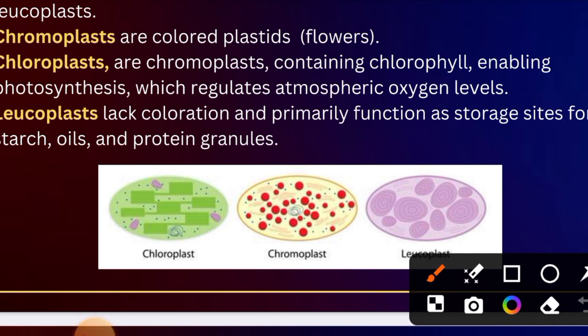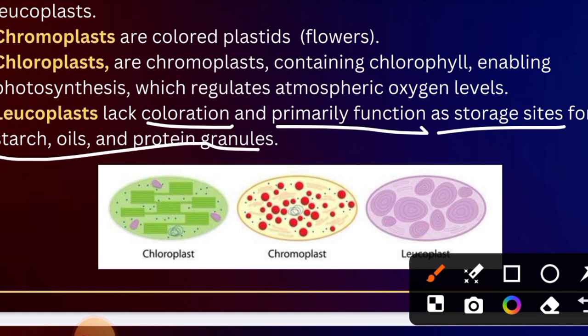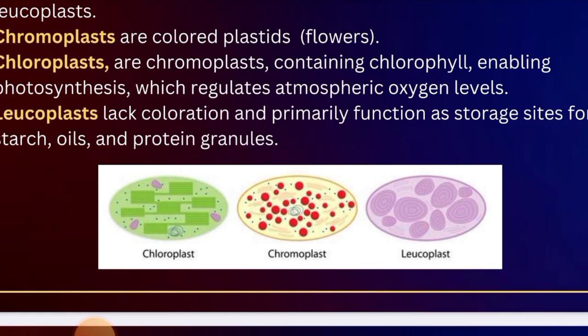Basically, they lack coloration and primarily function as storage sites for starch, oil, and protein granules. So these have no color. They only help in storage of starch, oil, and protein.